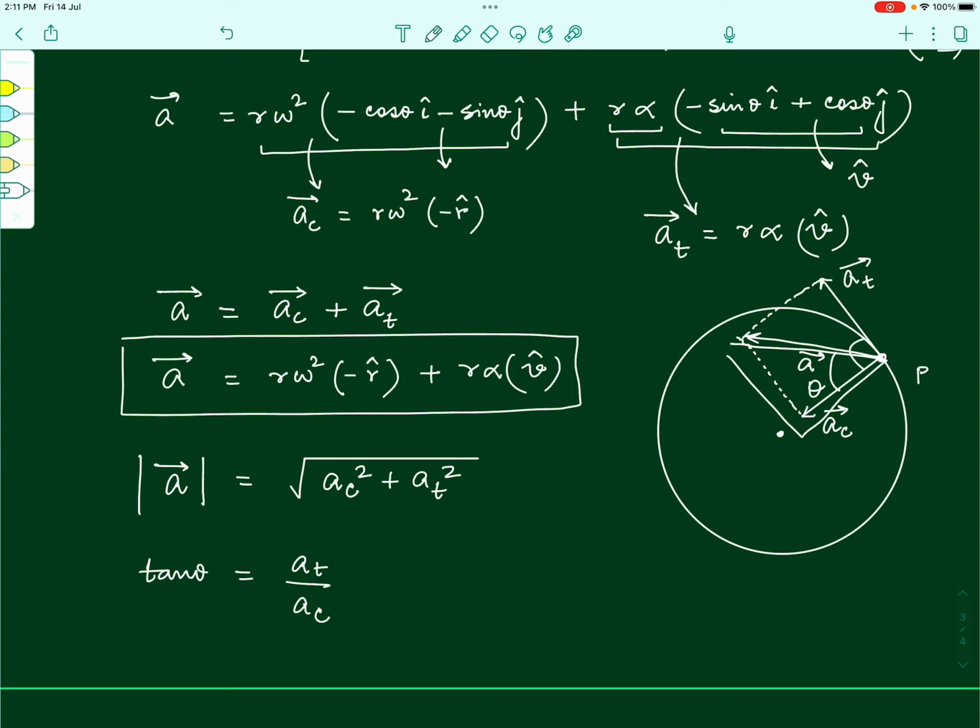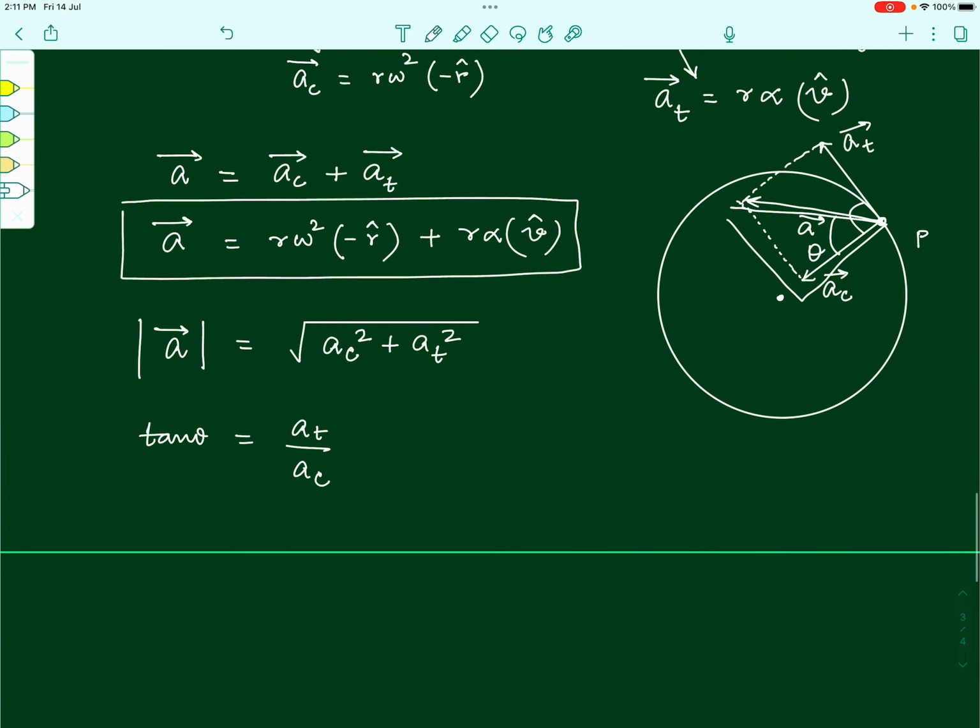Tangential acceleration is the one that brings in a change in the magnitude of the velocity of the particle. In fact, if we look at this a little more in detail, the tangential acceleration, whose magnitude we have obtained as r alpha. See that alpha, the way we have defined it, is d omega by dt, the rate at which the angular velocity changes. If we take this r inside, we can also write this expression as d by dt of r omega, right?